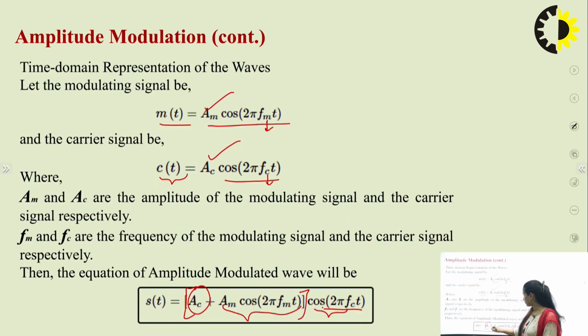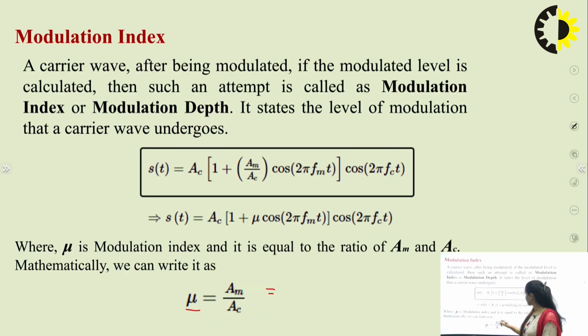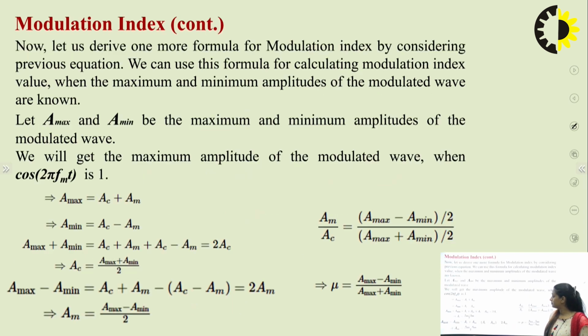From the previous equation, my amplitude modulated wave can be rewritten as s(t) = Ac (1 + (Am/Ac) cos 2 pi fm t) cos 2 pi fc t, right? And this parameter is my modulation index. It is equal to the ratio Am/Ac. Mathematically, it is a unitless term.